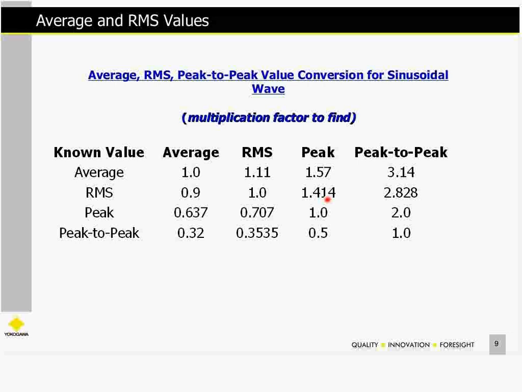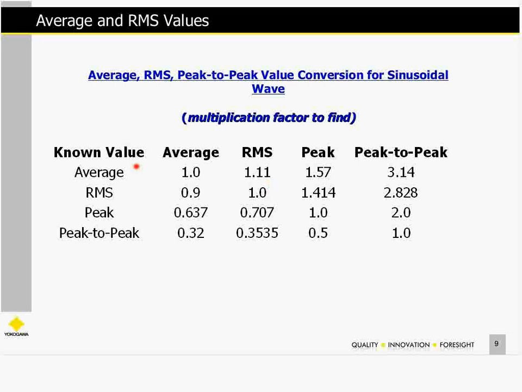The peak on that, if we look at it with a waveform analyzer, is going to be the square root of 2 on that sine wave, about 170 volts. Now, if we know the RMS and we want to know what that average is, a half-cycle average, that's a factor of 0.9. And then vice versa, if we know the average, or that half-cycle average, the mean value, we also call this, and we want to get the RMS value, that's a multiplier of 1.11.